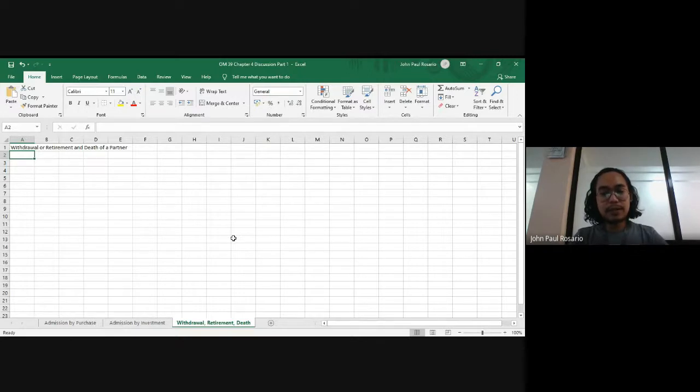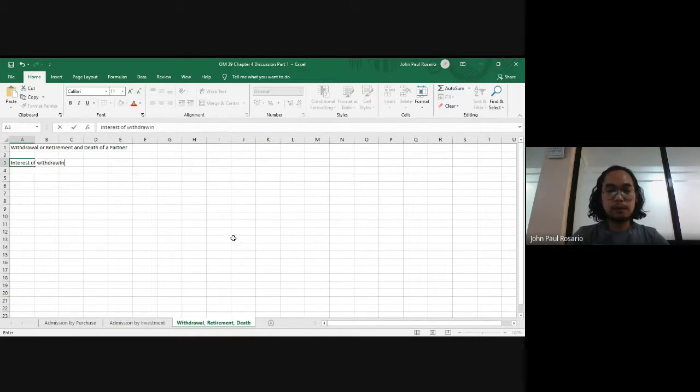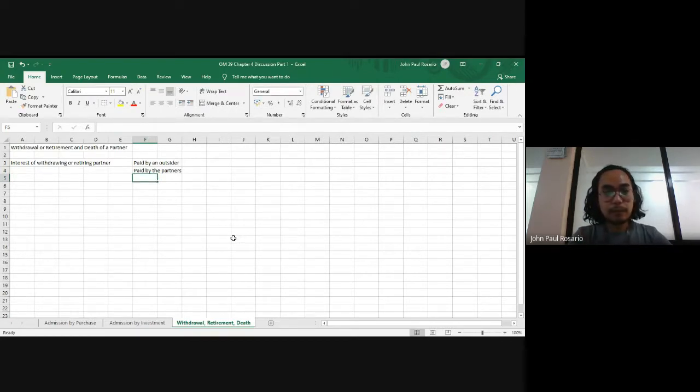The difference is just that for the withdrawal or retirement of a partner, the interest of the withdrawing or retiring partner may either be paid by an outsider, paid by the partners, or paid by the partnership.